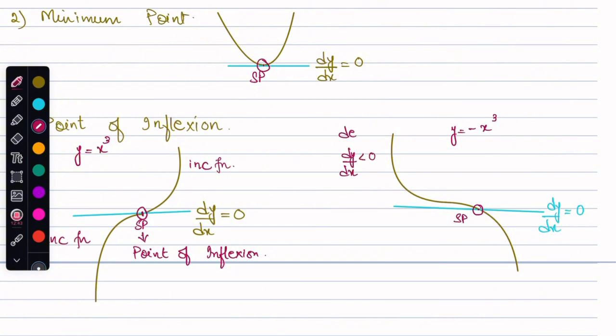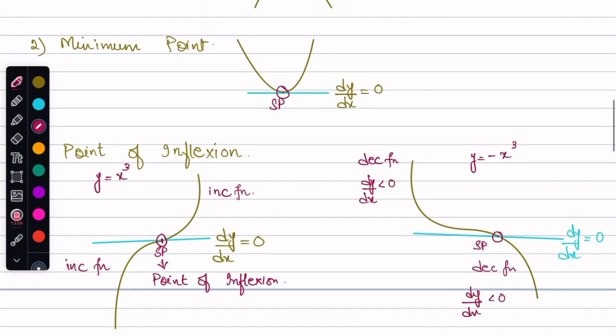After the stationary point also, it is a decreasing function where my dy by dx is less than 0. So such points where before and after the stationary point the gradient does not change its sign are called the point of inflection.